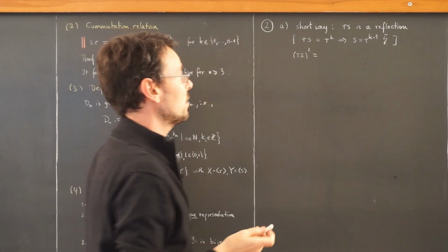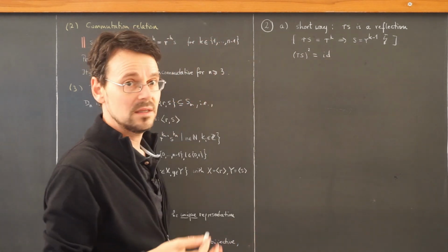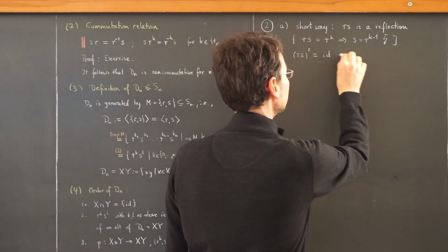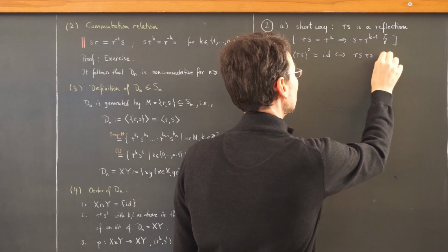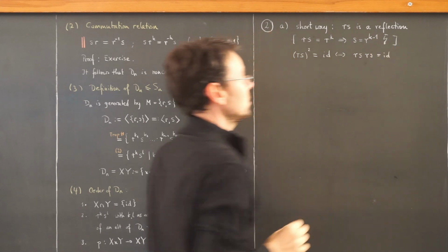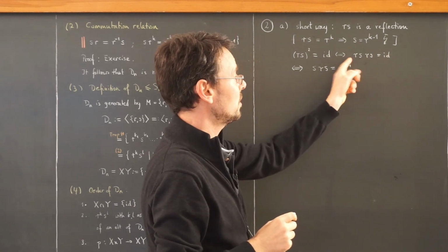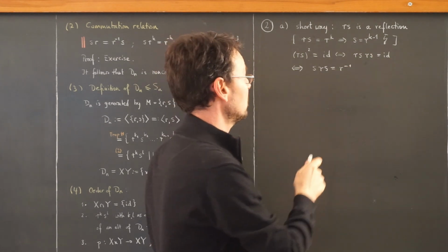that the square of RS is the identity, because reflections have order 2. So RS RS is the identity. We multiply both sides with R inverse from the left, then this R here cancels and we get this.